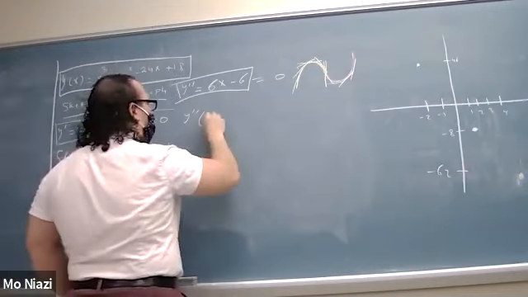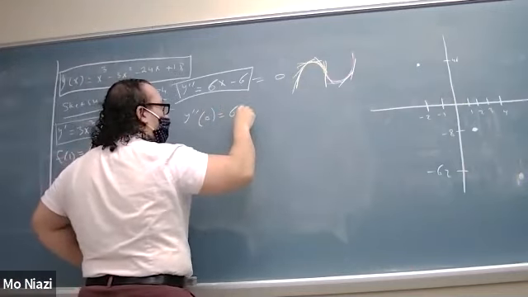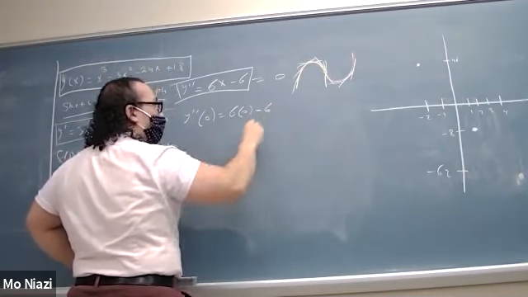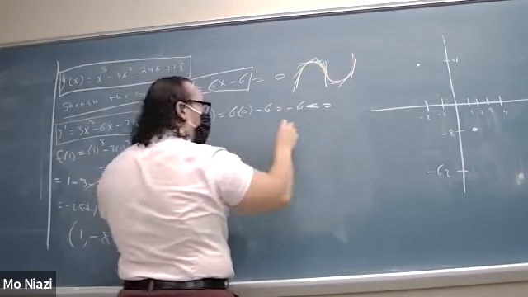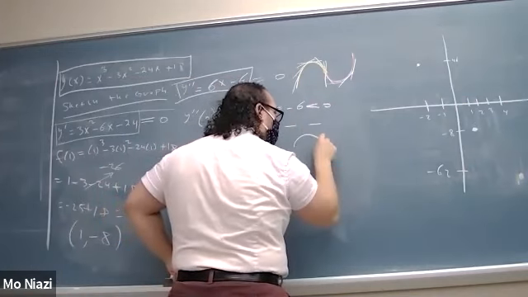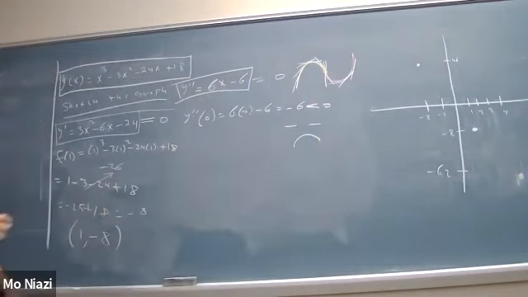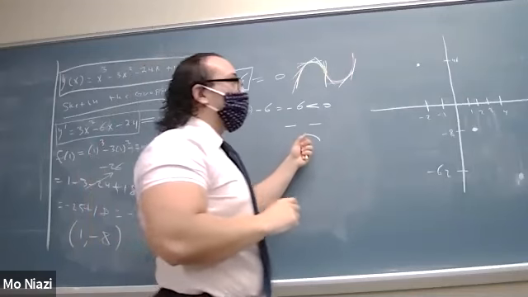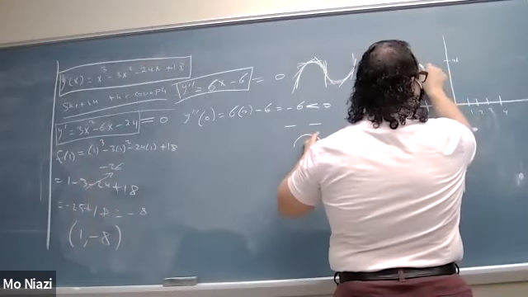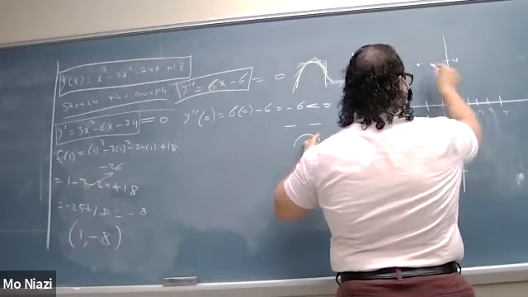So y double prime of 0 would be 6 times 0 minus 6, which becomes minus 6. That's less than 0. What kind of concavity do we have? Negative, so this is concave down. So connecting these two points, they're going to be concave down.